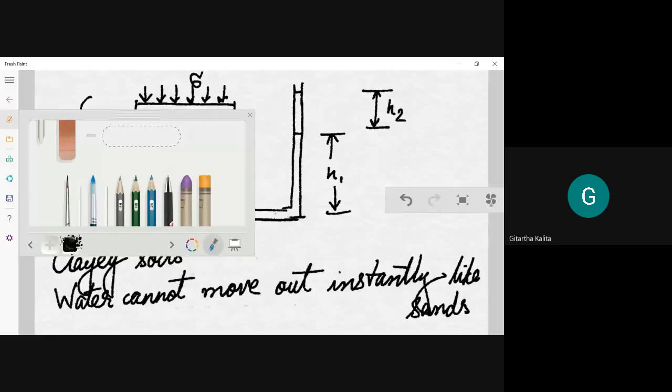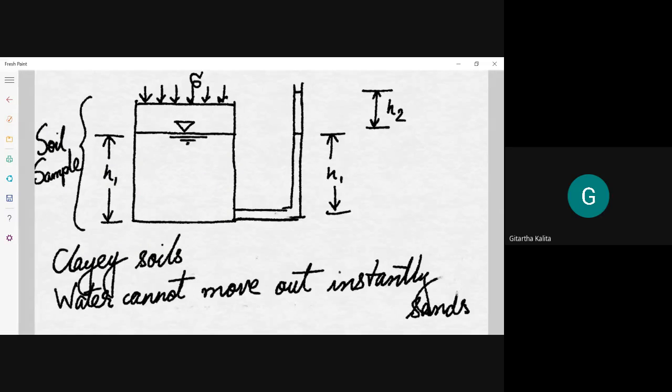Let me erase this, otherwise you will get more confused. So in clay soils, just remember that water cannot move out instantly, but in sands, water will move out instantly. So in sands, water will not take the load. But in clay soils, water cannot move out, so water will remain there. And since it is remaining there, it will take the load. That's why we say that this phenomenon happens in clay soil. So in clay soil, the water will take the load at first.